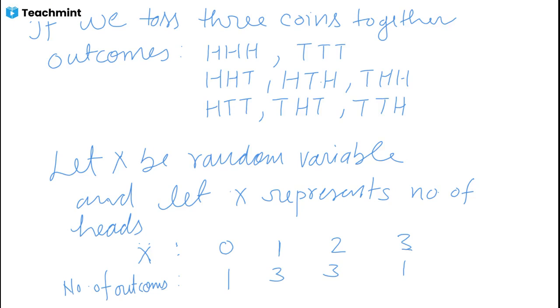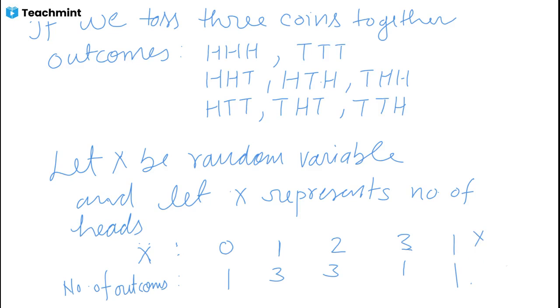So if we have fixed values like 0, 1, 2, 3, a certain value, we can say this is a discrete random variable. If we have values of X like 0 to 10, 10 to 20, here we are talking about the number of hats.